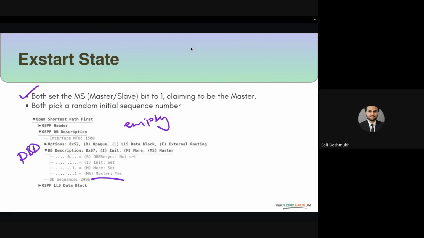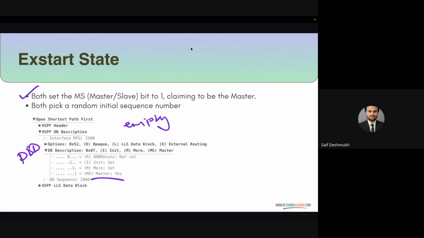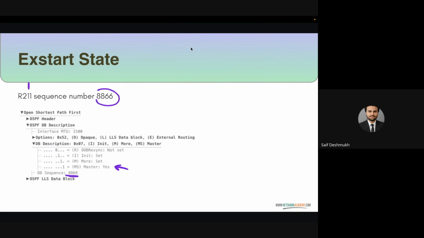So here, on this slide, both parties do what? Hey, you know what? I'm supposed to be the master. Both parties exchange the DBD packet. Please understand this, okay? It's very important. When I said both are exchanging DBD packets, it's not just any DBD. This is the second type of packet, the empty packet.